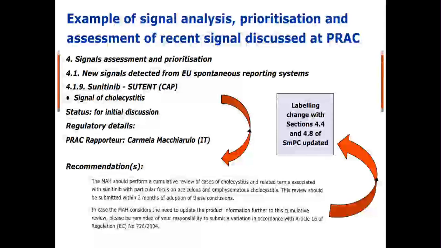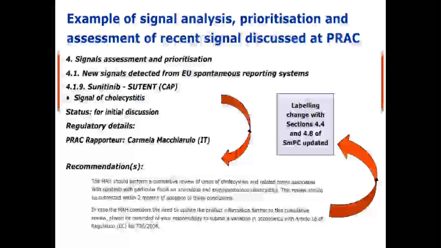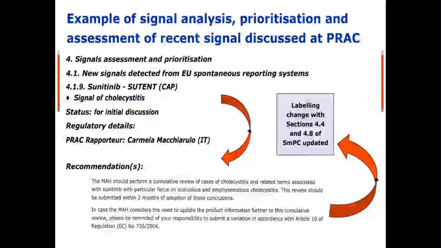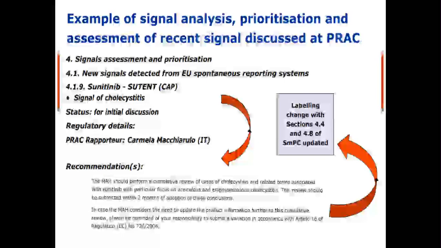So these are examples of the recommendations which are being asked from the sponsor, that is the marketing authorization holder. They either ask to provide additional data for assessment within the signal procedure, or provide a review of additional data in the next PSUR, or maybe submit an ad hoc PSUR.